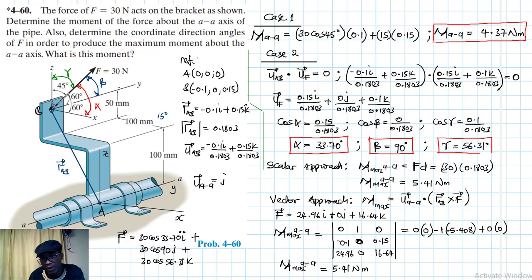Finally, using the scalar approach, we found the maximum moment about the AA axis, where the force is perpendicular to the lever arm, and when we use the vector approach, we still found the same result.